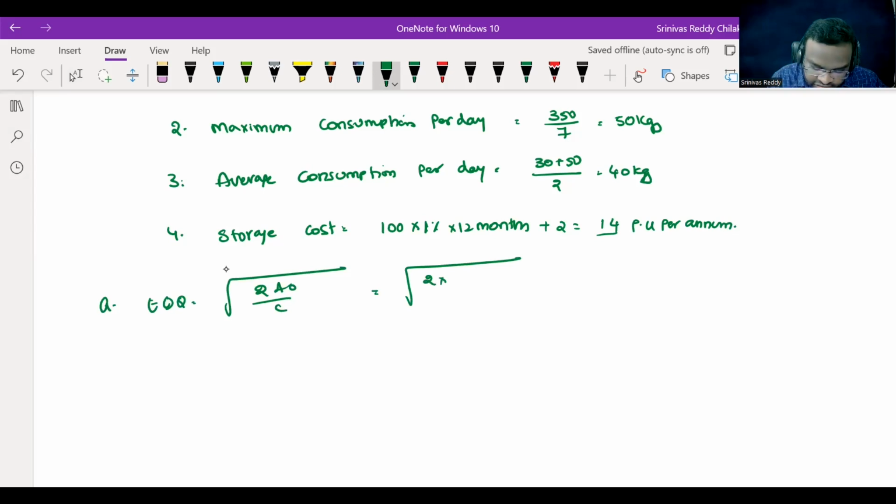Sir, if the average consumption is 40, so 365 days into 40, that is the annual consumption, very important. Because we cannot consider the annual consumption based on minimum consumption or maximum consumption. It is proper to consider the average consumption. 365 into 40 and into ordering cost per order 200 divided by carrying cost per unit per annum 14. So how much are you getting?